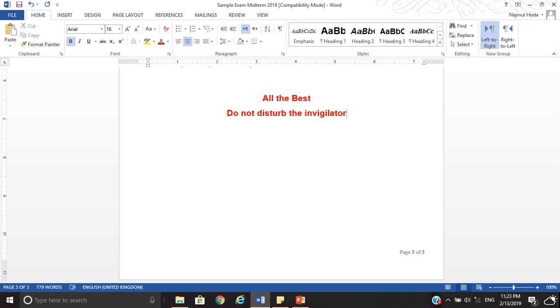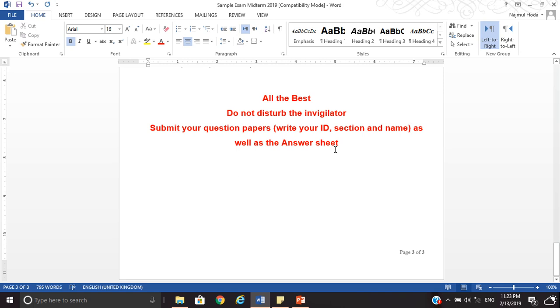Submit your question papers as well as the answer sheet. Don't forget to do this. On the question paper, write your ID, section and name. On the answer sheet, you have to write name, date, section.